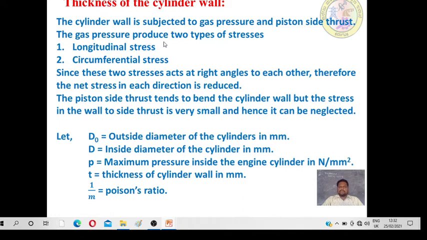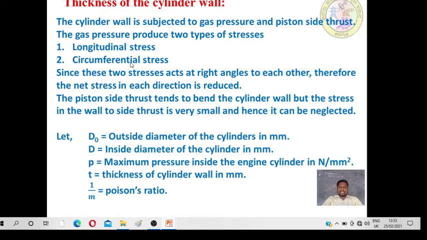Now the gas pressure produced inside the engine cylinder are of two types. They are longitudinal stress and circumferential stress. Since these two stresses act at right angles to each other, the net stress in each direction is reduced. Longitudinal means it is in the up and down direction. Circumferential means from the center of the cylinder towards the circumference of the cylinder.